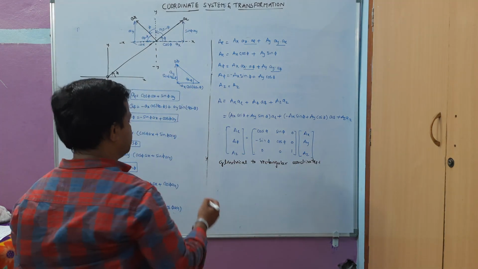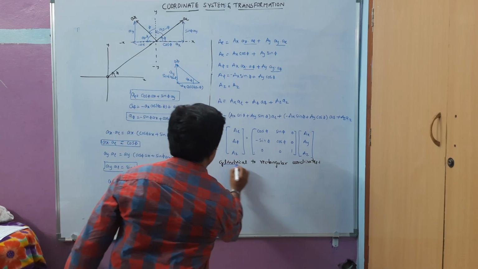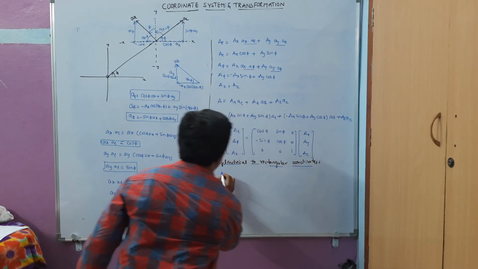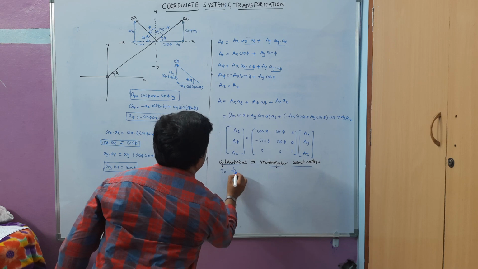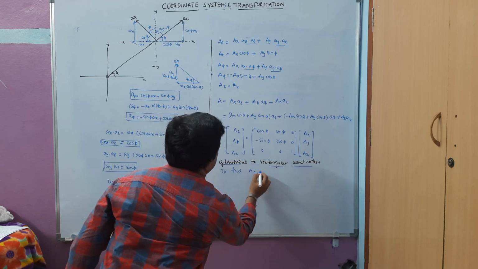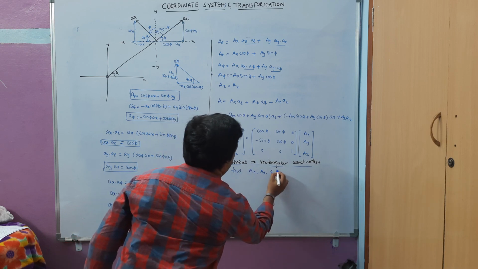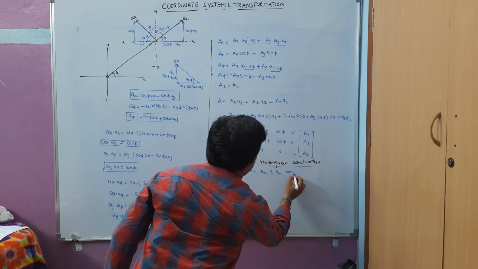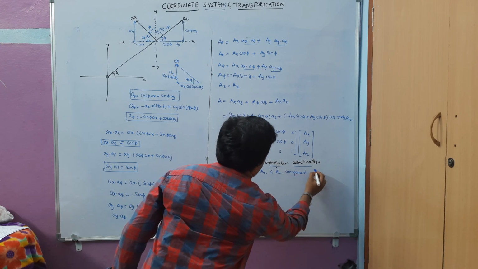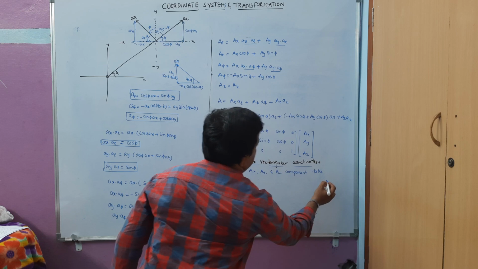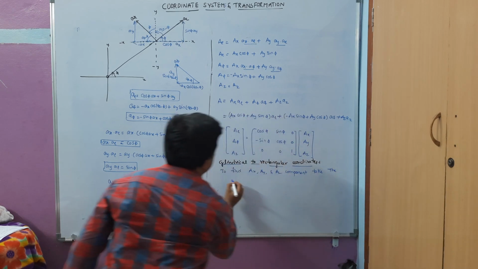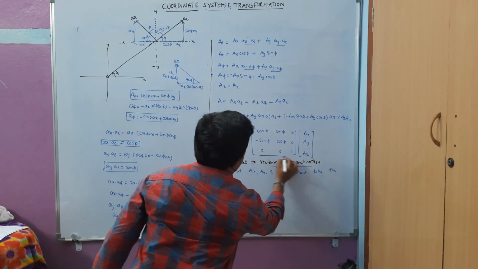Okay, so you can write this point here. To find ax, ay and az components, take the inverse matrix of this one. Okay, we have to take the inverse matrix.